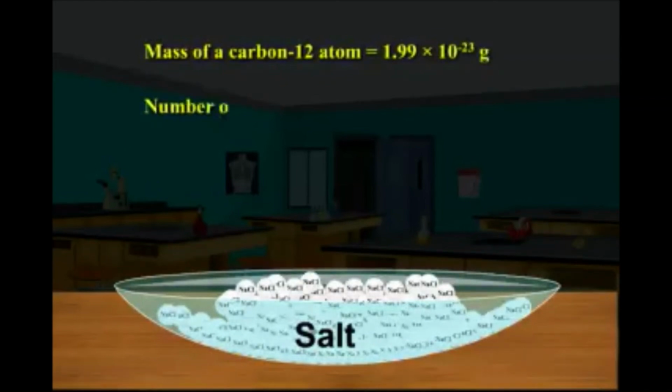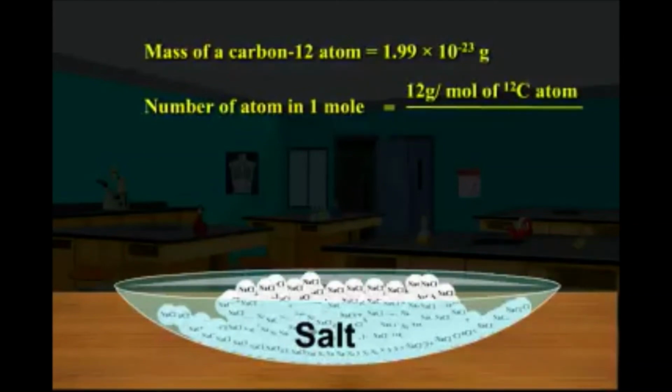Thus, the number of atoms in 1 mole is calculated as 12 gram per mole of C12 atoms divided by 1.99 into 10 raised to the power minus 23 gram per C12 atom.